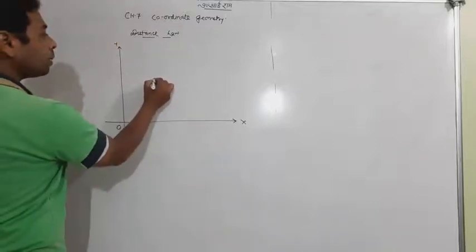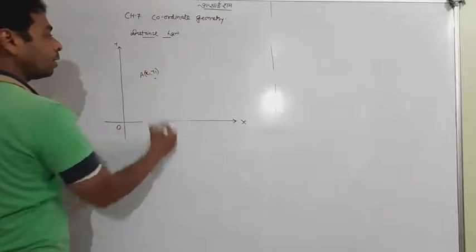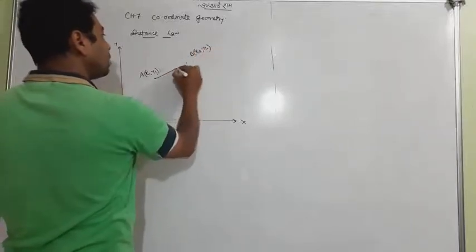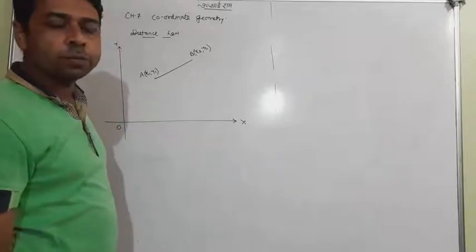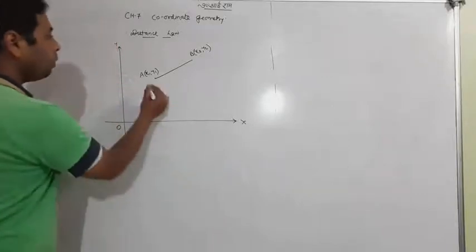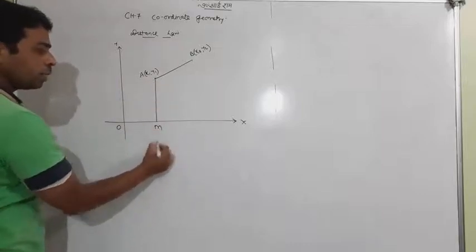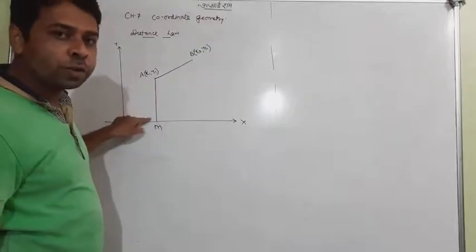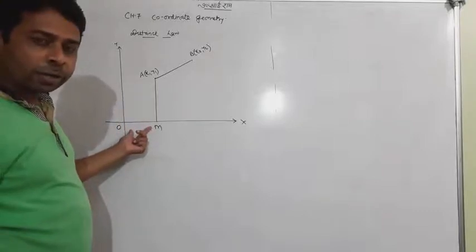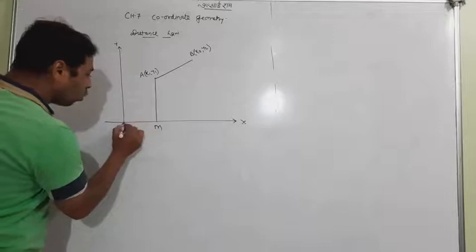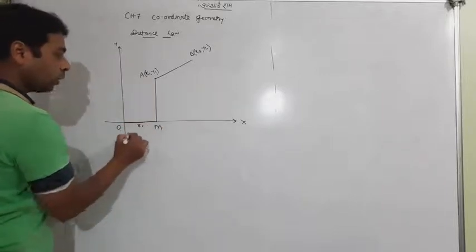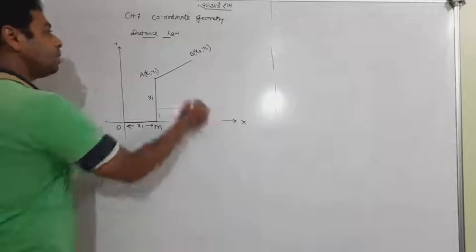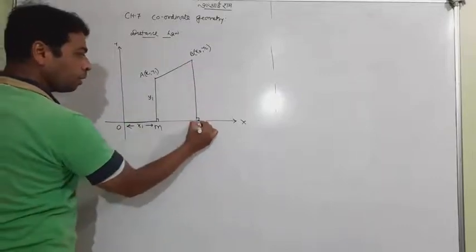Look, suppose this is a point A, which is (x1, y1). This is the coordinate of A. Suppose this is the coordinate of B, which is (x2, y2), and we want to find the distance from point A to point B. First I will draw the perpendicular on the x-axis, and suppose it is named M. As I taught you recently, when we draw the perpendicular on the x-axis, two distances are created: the horizontal distance on the x-axis, which is x1, and the vertical distance, which is y1. Similarly here, draw the perpendicular at 90 degrees to get an end point.